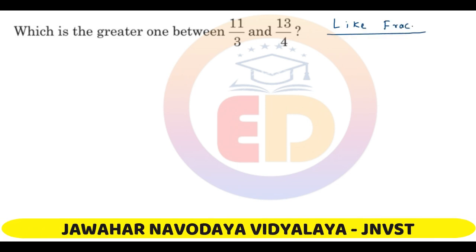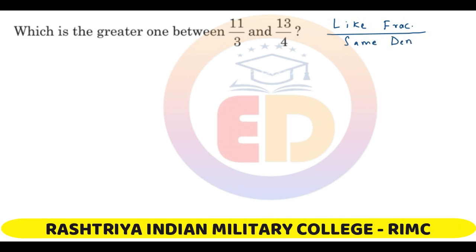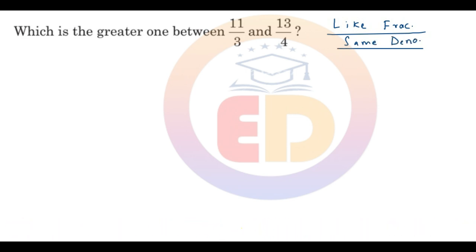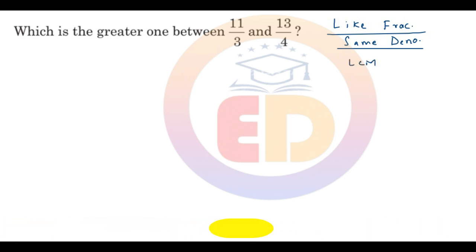Like fractions means they have the same denominator. Now how to convert into the same denominator? By taking the LCM of denominators.